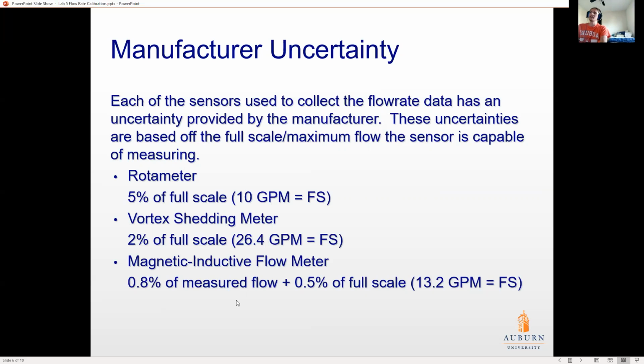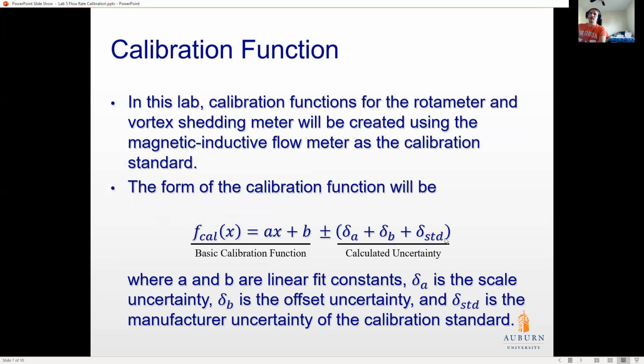The magnetic inductance meter is our standard, so that's the uncertainty in the measurements of our standard. If we look here, that's what this value is going to be. This is del standard, the uncertainty of the sensor that we're using to calibrate.